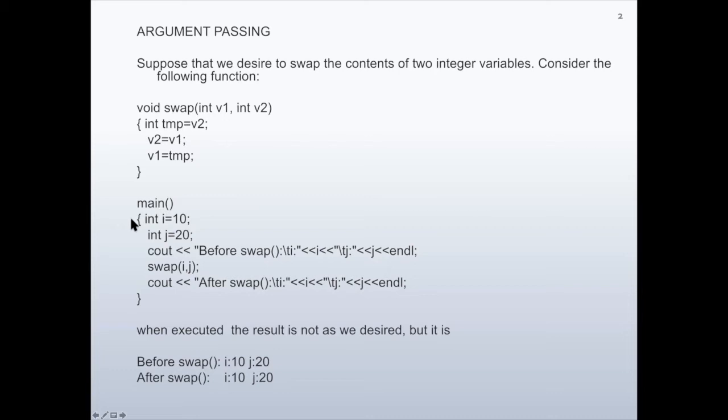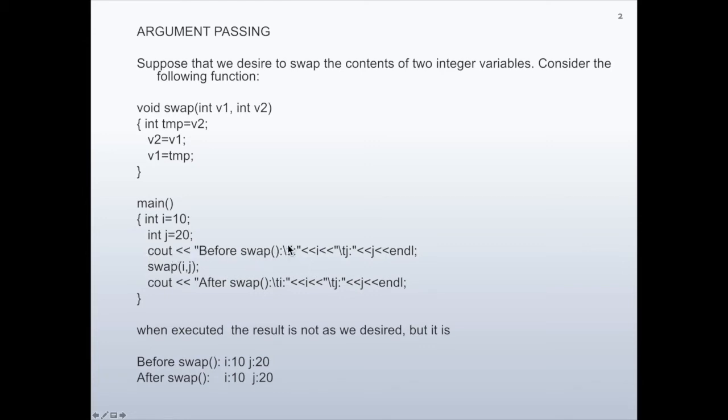In the main part, we are declaring two integer variables i and j, which are initialized to 10 and 20. There is a cout statement saying "before swap".